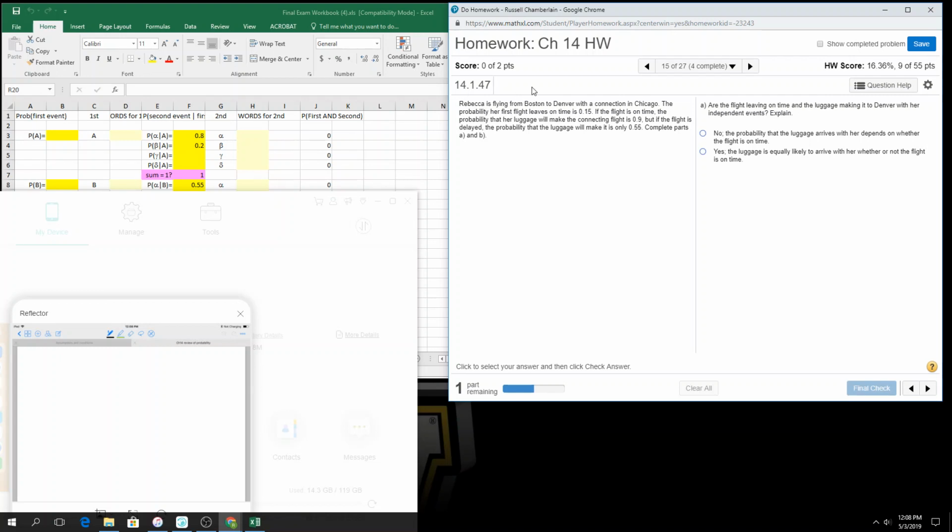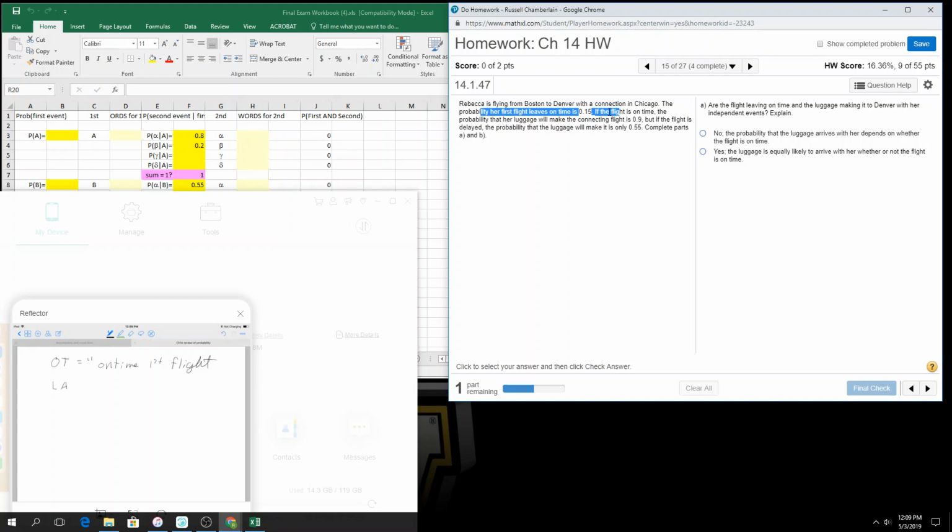So we're flying from Boston to Denver with a connection in Chicago. This is all about the first flight leaving on time. So my events are on time, first flight, and luggage arrives. And what does it say?